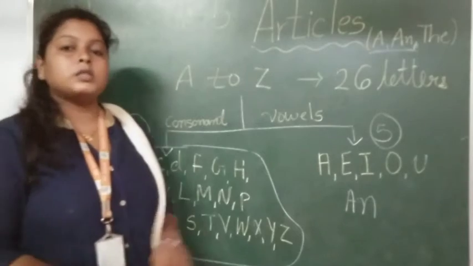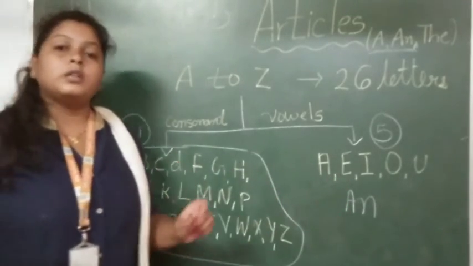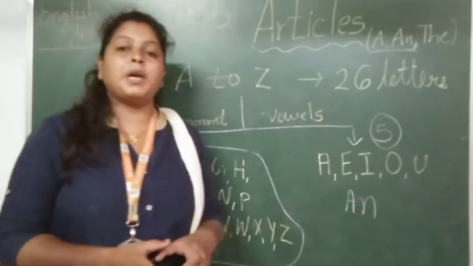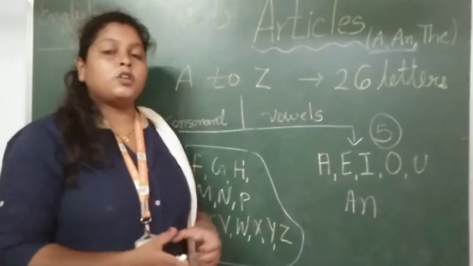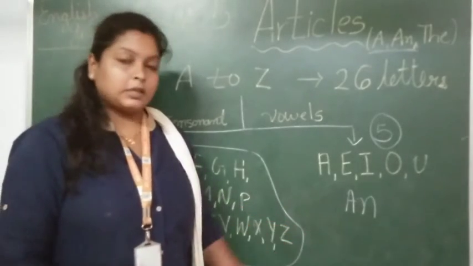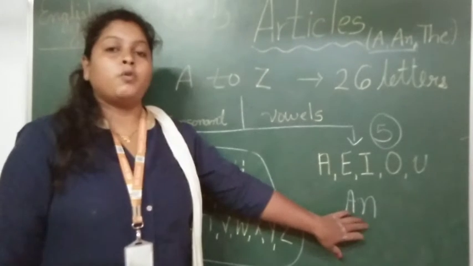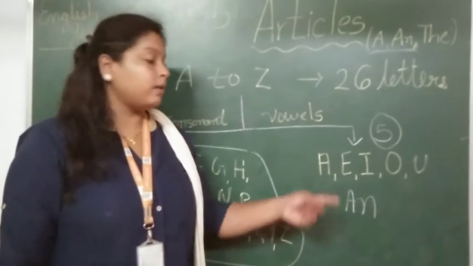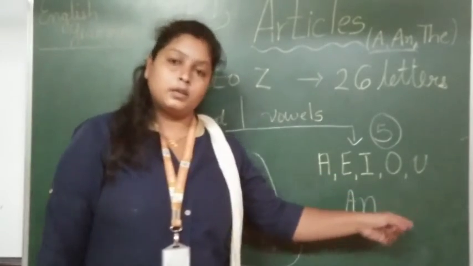Why? Because we are using this article for the singular noun. Whenever you write any name, like that will be singular. And for the singular purpose, we are using the articles A and AN. Right? So AN will be used wherever the word starts with the vowel A, E, I, O and U.